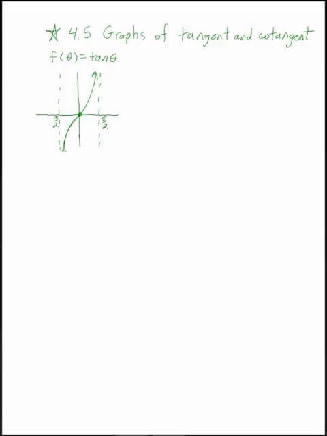So there's one cycle of the tangent graph. It has vertical asymptotes at negative pi over 2 and pi over 2. And it's always increasing, and the range is negative infinity to infinity.